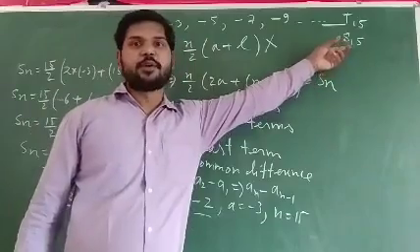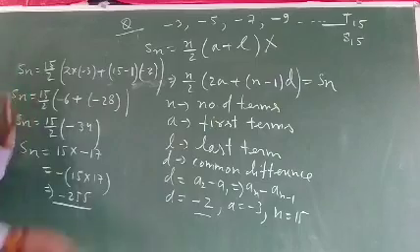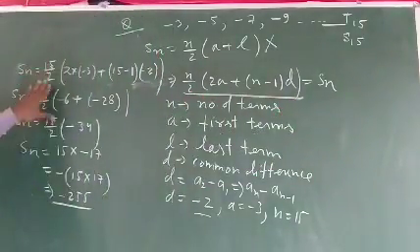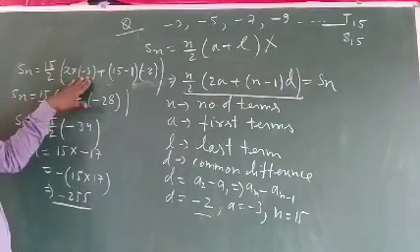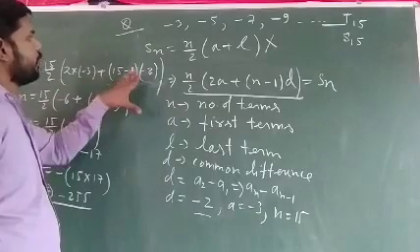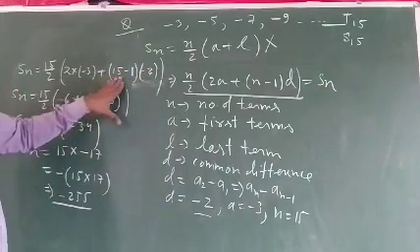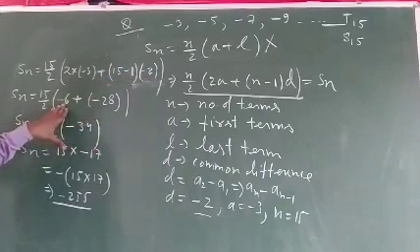It is asked that you have to find the sum of the 15 terms, so n equals 15. On putting all these things in this formula, we find Sn equals 15 by 2 into 2 into a, which is minus 3, plus 15 minus 1 into minus 2. 15 minus 1 is 14, and 14 into minus 2 is minus 28, and minus 6.